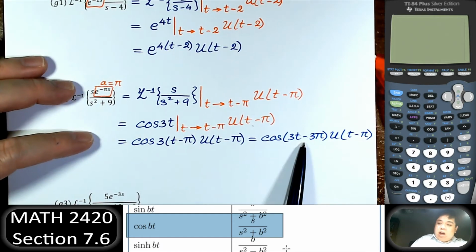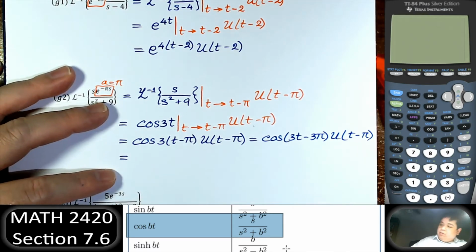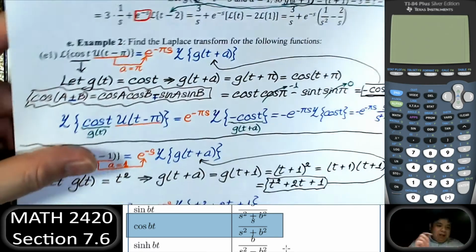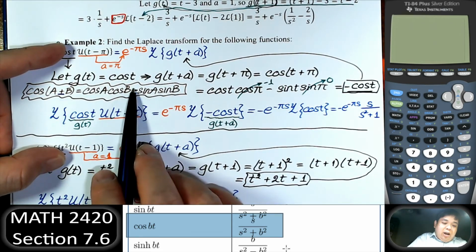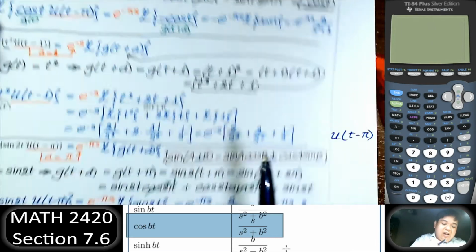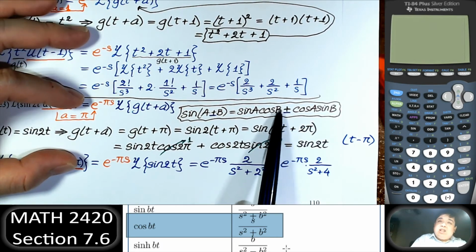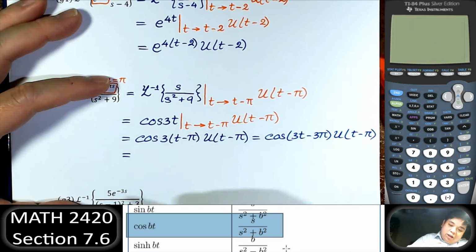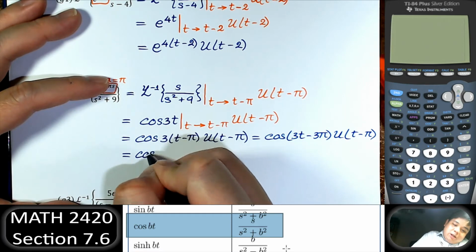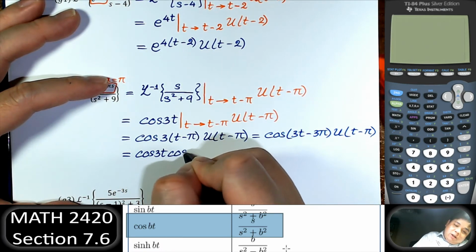Right, cosine of a difference. Cosine, we have the same function, but different sign. Sine, we have the different function, but same sign. So cosine will be cosine of 3t, cosine of 3 pi.